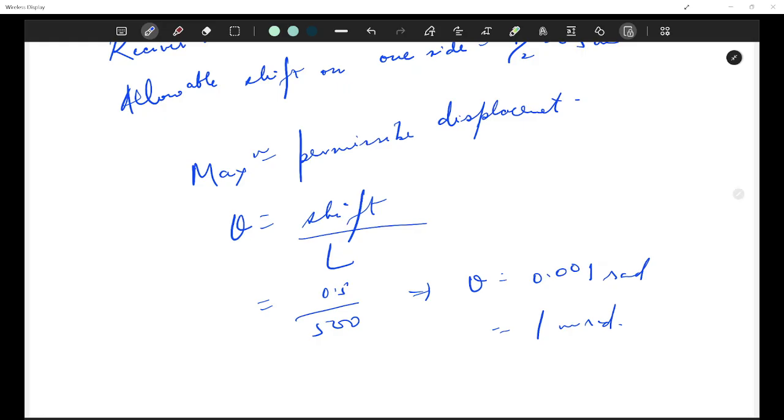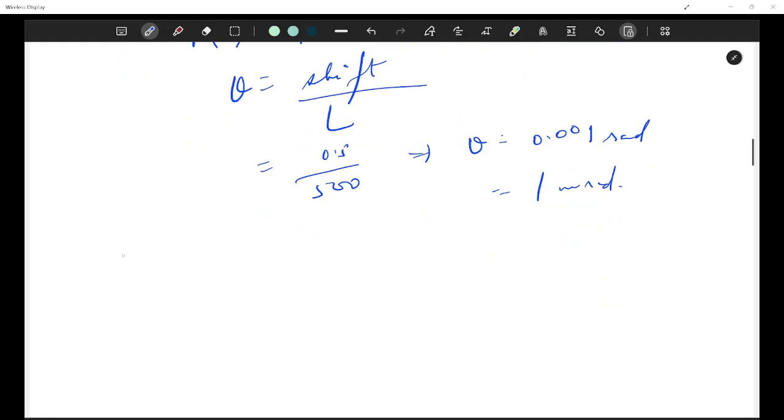But there is a very important point. Mirror rotation error doubles the reflected beam deviation, because if the mirror is rotated by theta, what would happen? The reflected ray changes by 2 theta.